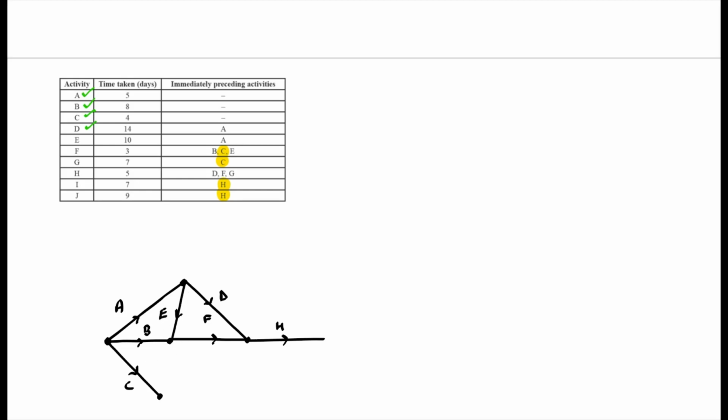So this is E. Now that's F. F depends on B, C, and E. Well, we've shown that it depends on B and E. We need to somehow show that it depends on C as well.